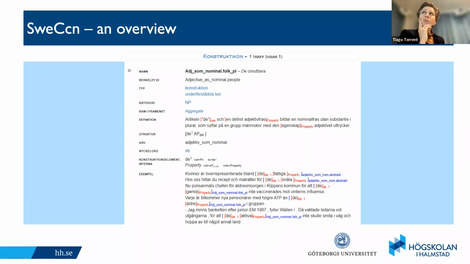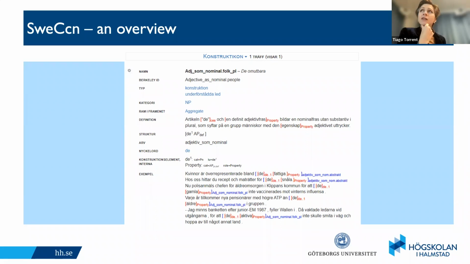Then we have types, in this case construction and also implicit entities. We have category, in this case a nominal phrase. We also have a frame from FrameNet, which is aggregate. And then we have a free text definition.